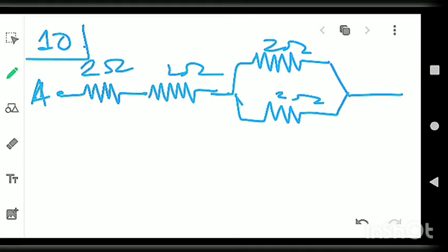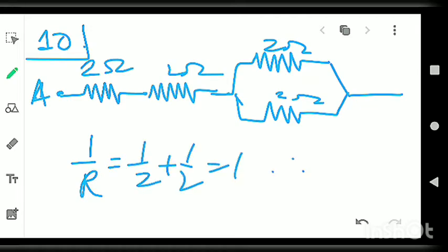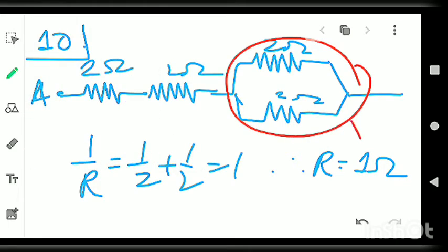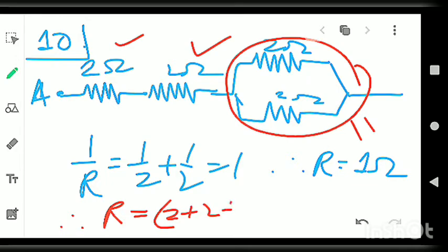What is the result? Now 1 by R equals 1 by 2 plus 1 by 2, that is 1. So the parallel portion will give us 1 ohm. This portion is now amounting to 1 ohm, and the rest, two resistances of 2 ohms, are added in series connection. So the net value is 2 plus 2 plus 1, all three in series, and the answer is 5 ohms.